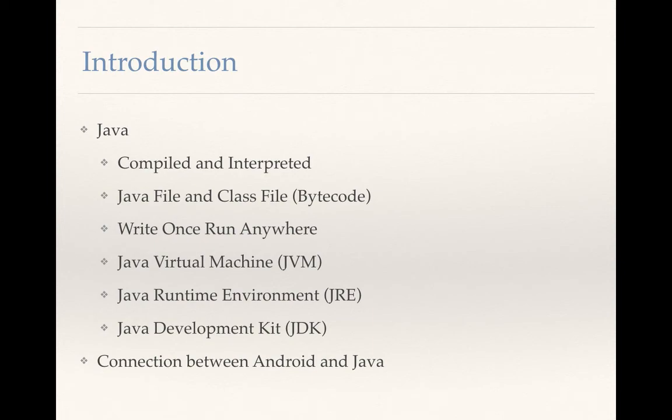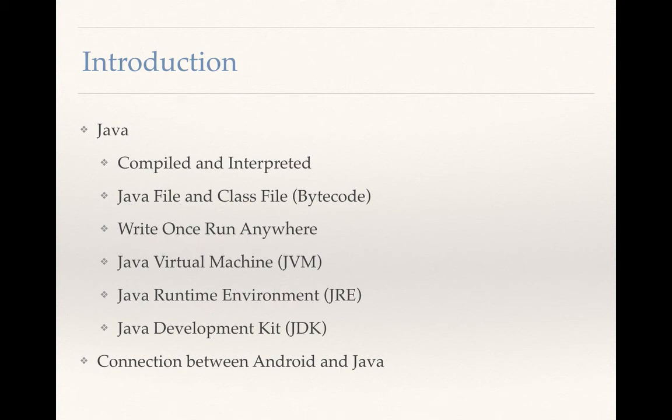So you can create the same .class file, take it to a JVM in Windows, or run it in a JVM in Linux, or run it in a JVM in Mac. So that's where the portability basically comes in. Java basically creates a JVM for that environment and runs the program within the JVM.